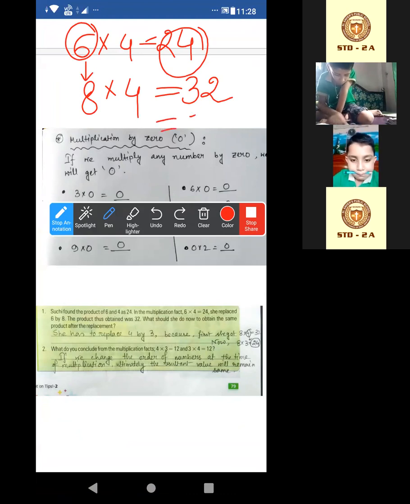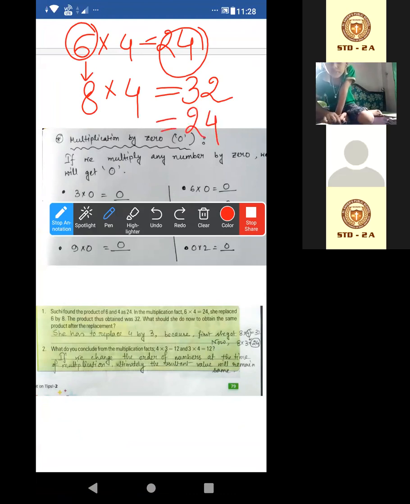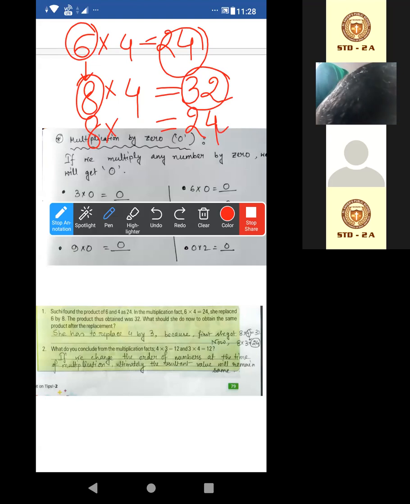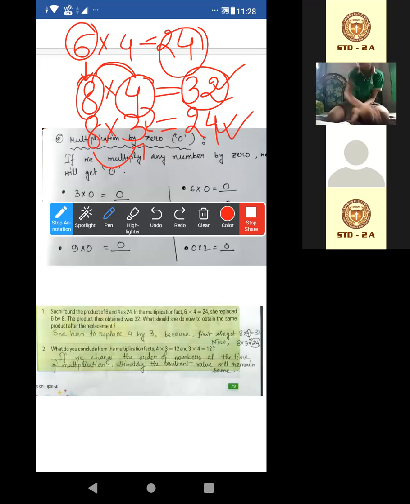Again, she wants to get 24 back. As we replaced 8, 8 will stay the same. So what replacement do we have to do so that in place of 32, we'll get 24 back? 8 fours are 32, so 8 threes are 24. That's why we have to change this 4 into 3. So we'll get 3 8s are 24. Now is it clear?